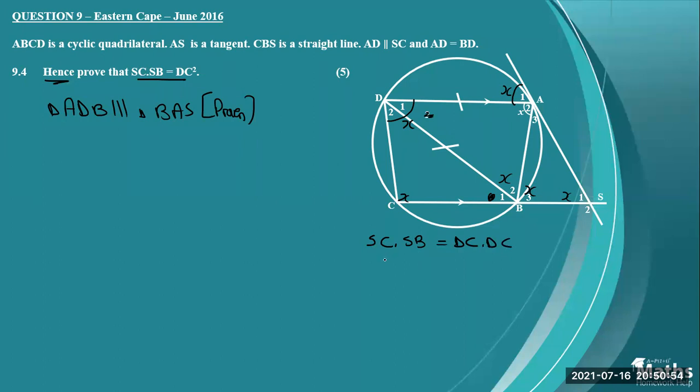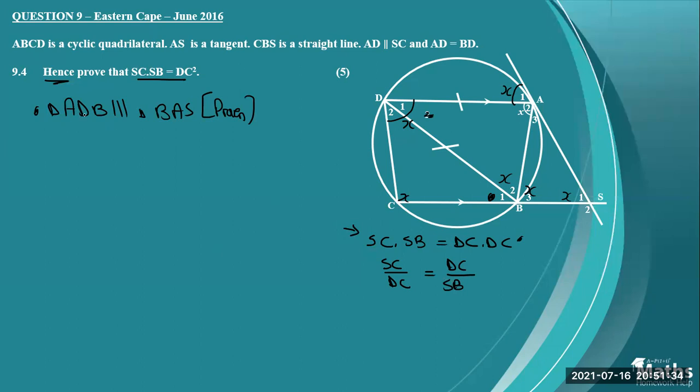Then I also like to write it as a fraction, you know, as a ratio. So DC, you just pop it down here. And in order to get back to this one, when you cross multiply, it means your DC must either be at the top or the bottom. SB. So if you cross multiply this again, you'll get back to this one. So I'm just working backwards to see what I need to work with. So this is what I have, and this is what I want.